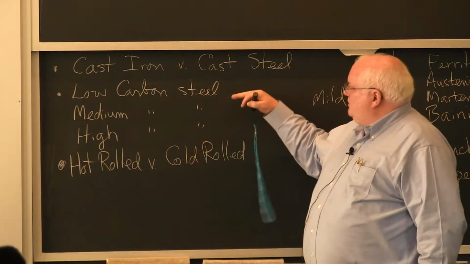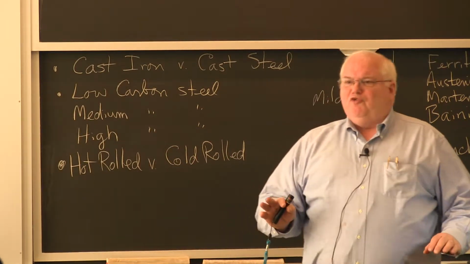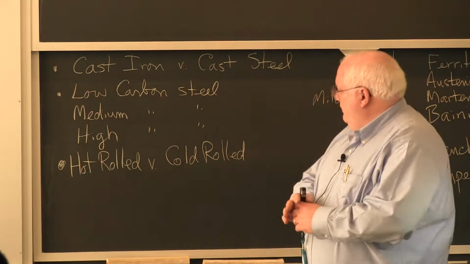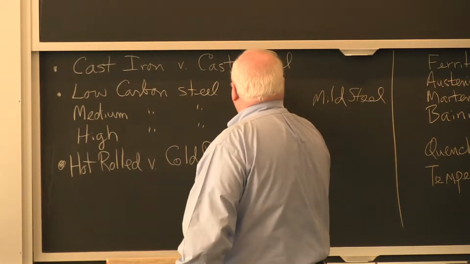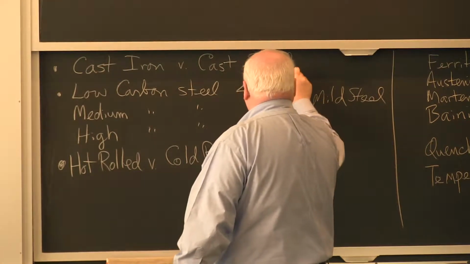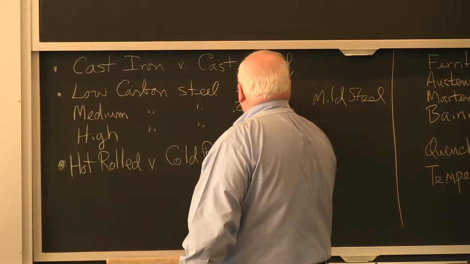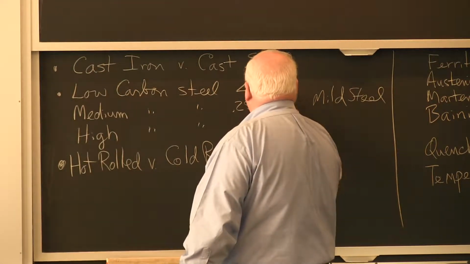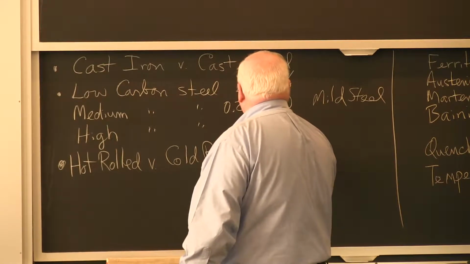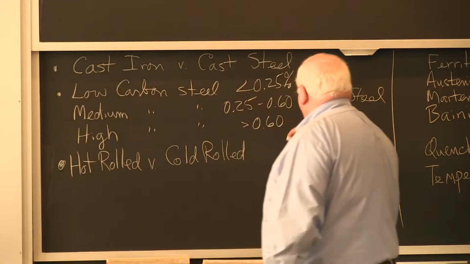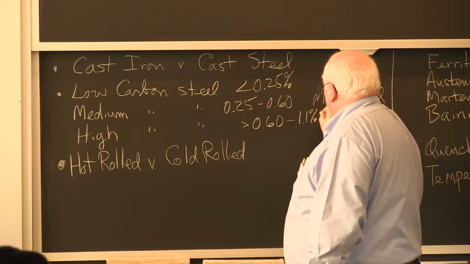And there are three types of steel: low carbon, medium carbon, and high carbon, that we call them today. There's no firm dividing line, but typically low carbon is something less than about 0.25%, less than 1/4%. Medium carbon is about 0.25 to 0.6, and high carbon is greater than 0.6, and you never go above about 1 or 1.1% carbon in steel.